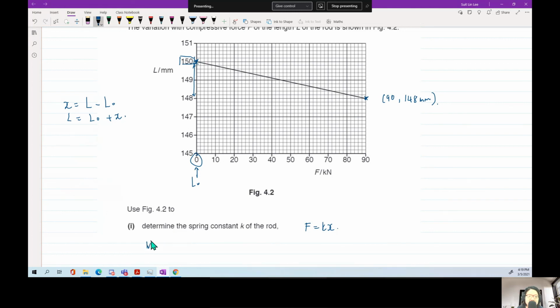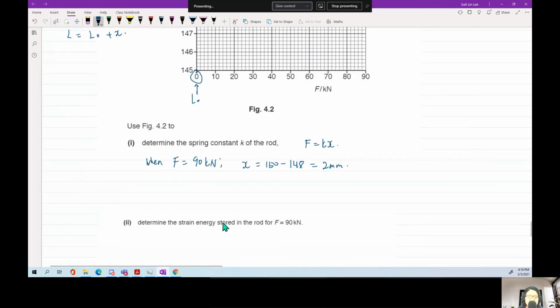So you can write a sentence: when the compressive force is 90 kilonewton, the extension is equal to 150 minus 148, which will be equal to 2 mm.